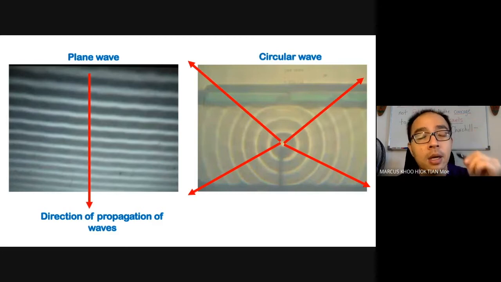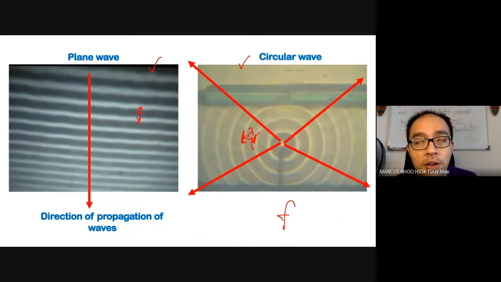But whether you produce a plane wave or a circular wave, you will always see the crests very easily form. And again, the distance between the two crests forms the wavelength, which is affected only by the frequency.